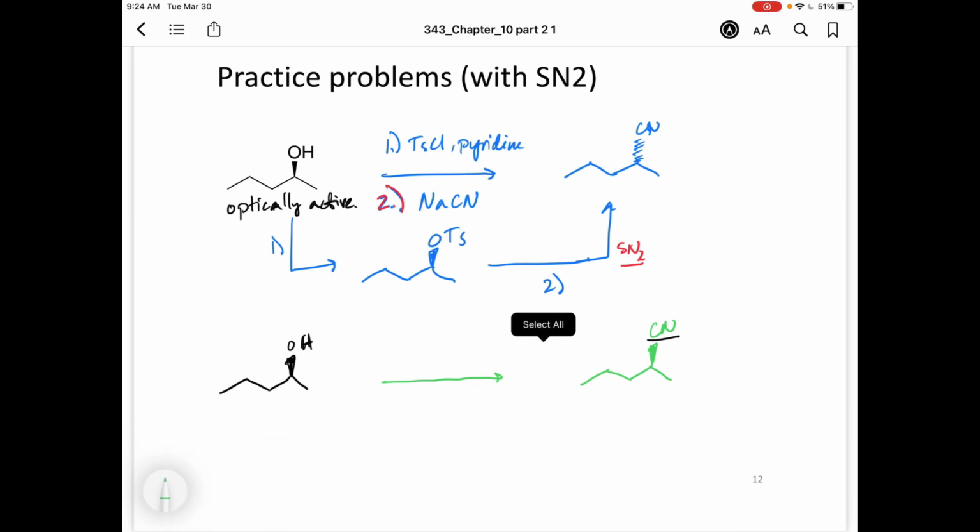So if you were given this problem to fill in the reagents, your first step is going to be making this alcohol a leaving group that is going back. Because when we do the second step with the SN2, we're going to invert it. So maybe now you can pause the video and try to see which of the leaving groups you want to use for this reaction.